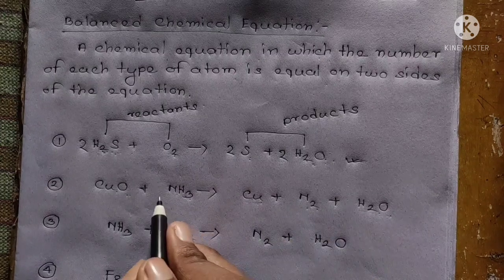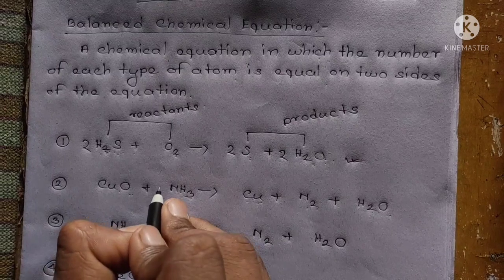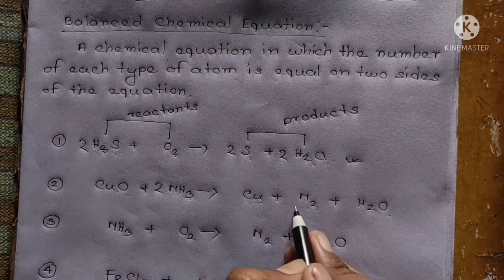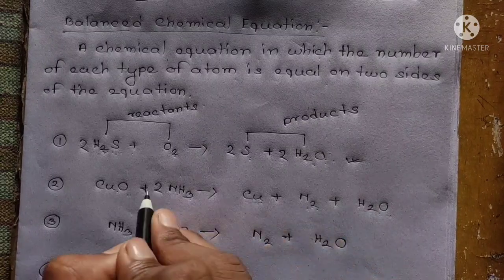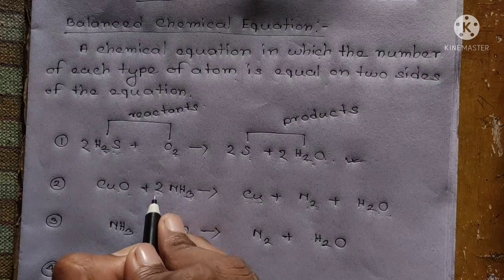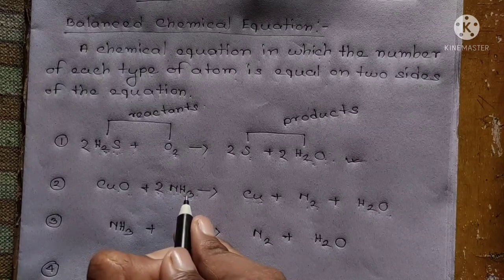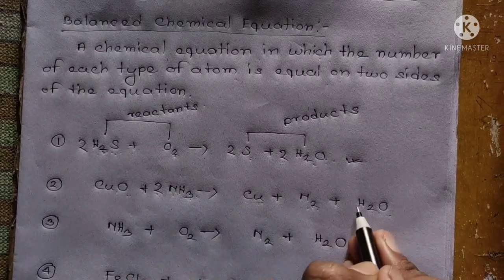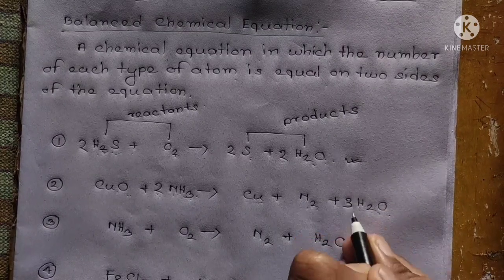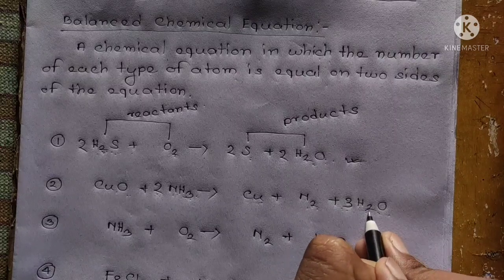So if we multiply this by 2, N2 means 2 nitrogen. On the left hand side we multiply ammonia by 2, so it makes 2 nitrogen and 6 hydrogen. 2 into H3 means 6 hydrogen, so here for H2 we have to multiply by 3. Now 3 into 2 means 6 hydrogen.